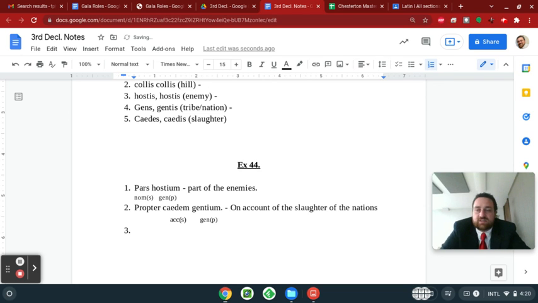Okay, so this is what your homework should look like. And again, there's only 11 of these. So it might mean that you have to take a look back to see a preposition, if the little sentence chunk that you have has a preposition in it, like I might have had to do with propter, in order to find out that it means on account of.